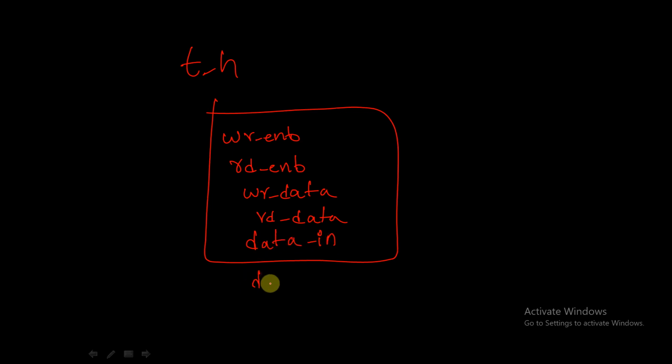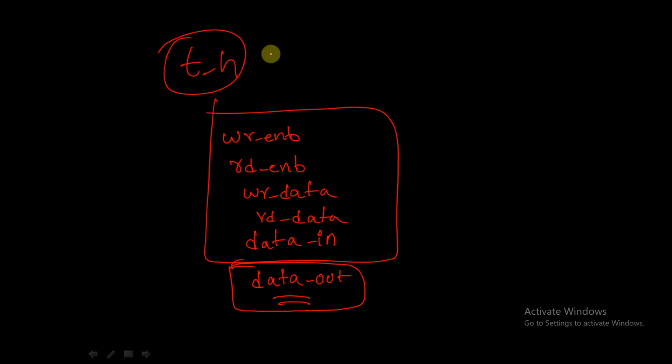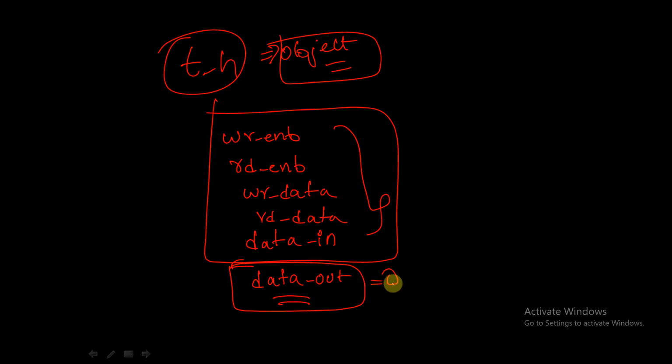There will be no randomization performed on data out, so its default value will be present. Since we declared it with logic data type, it will be in default unknown. If you declare it with any other data type, the value will be decided according to that data type.